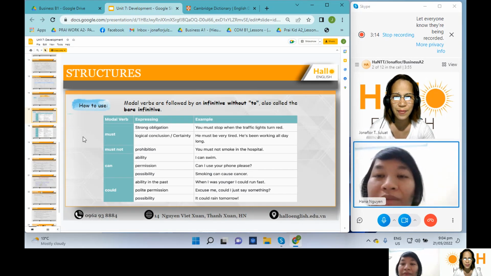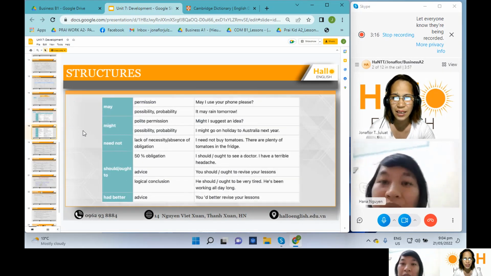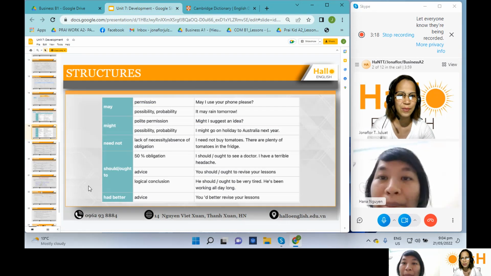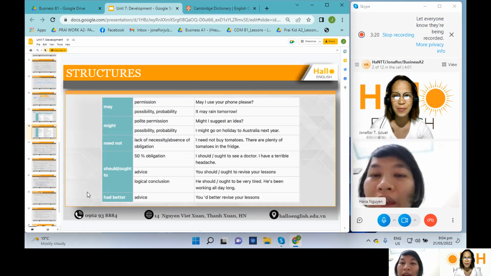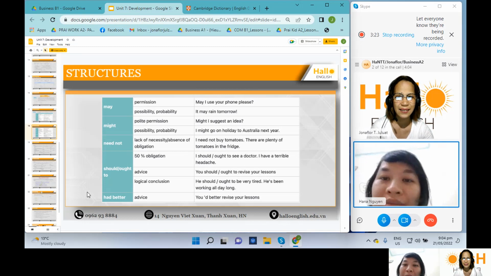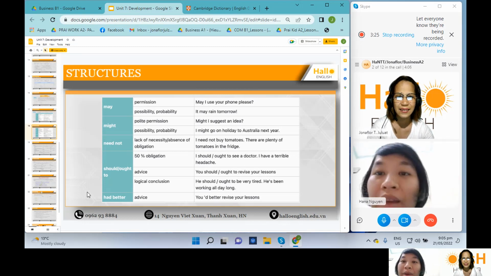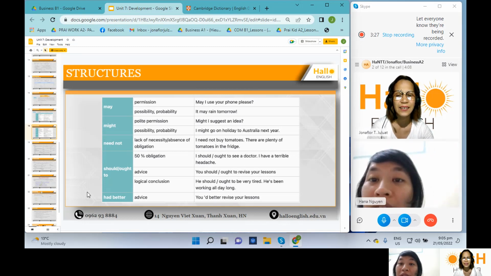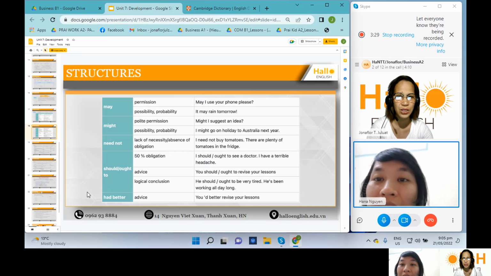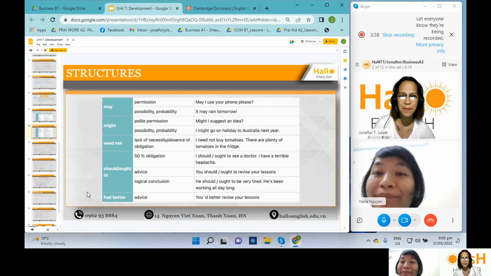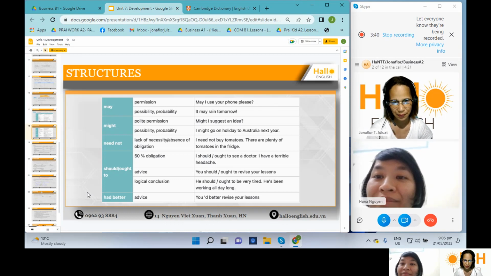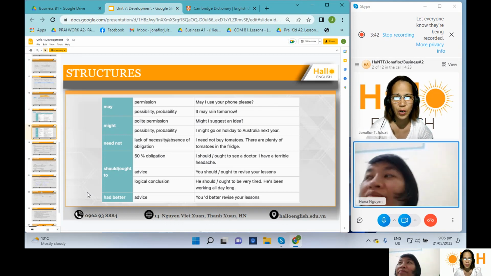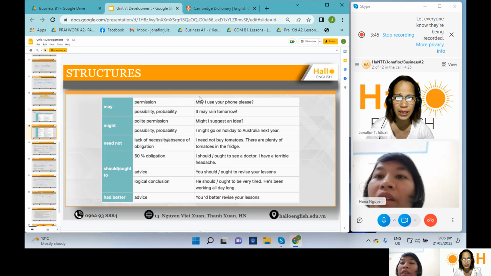So this time let's continue with some modal verbs. May. We use may for permission, possibility, and probability. Can you read the example for permission?